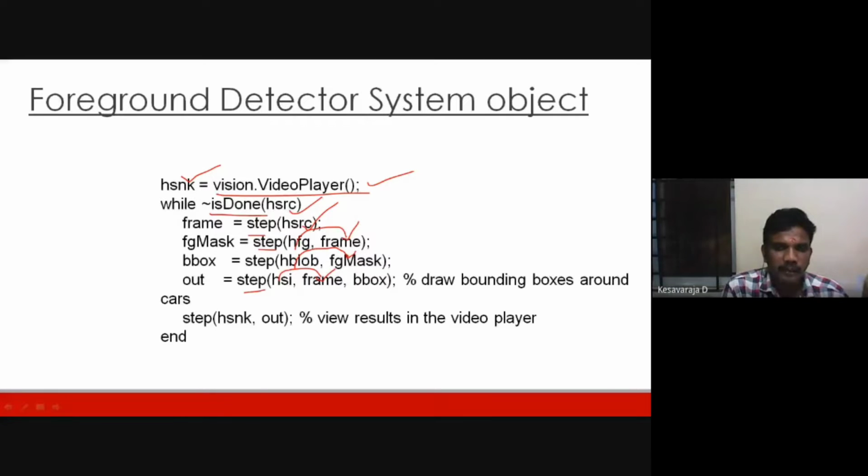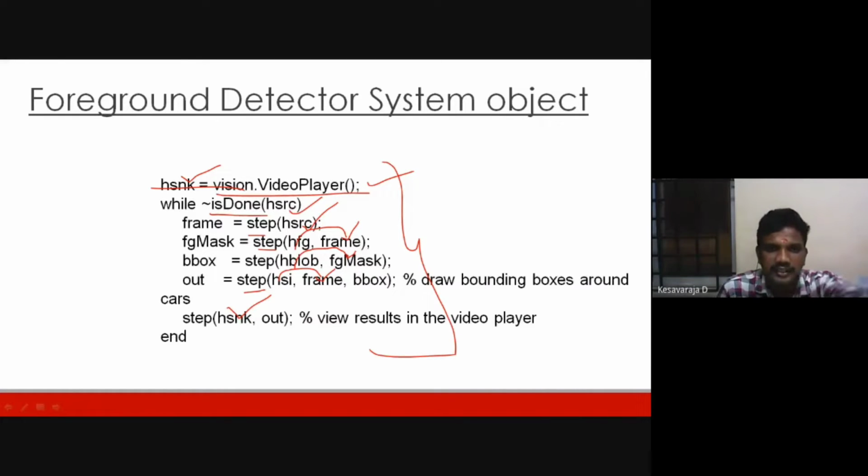Step number 3, applying blob, binary large objects, for boundary boxes. Step number 4, inserting boundary boxes, drawing boundary boxes in the video frames. Step number 5, playing the final result in a vision.VideoPlayer. So now the video was played. Everything was completed with the help of 10 lines of code. With 10 lines of code, you can detect the foreground in a traffic video.